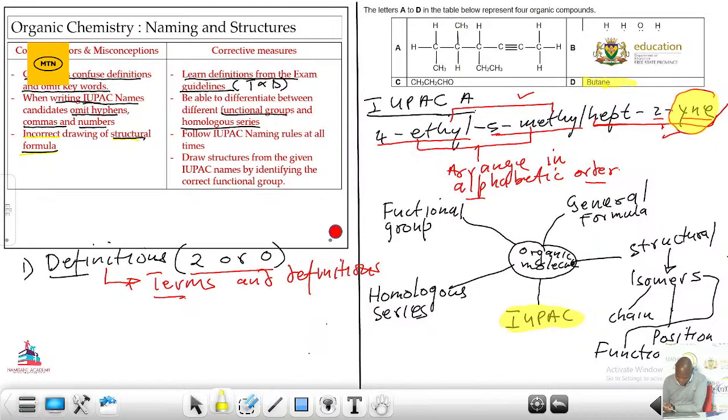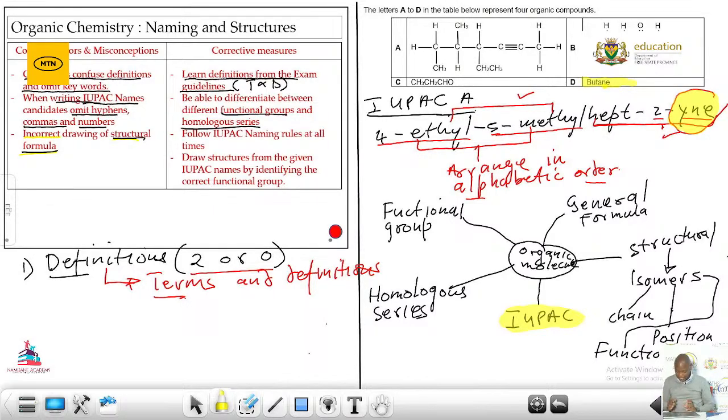The examiner can ask to which homologous series does compound D belong to. The examiner can ask, draw the functional group of compound D. The examiner can ask now, give the general formula of compound D. The examiner can also ask, draw now a structural formula of compound D.